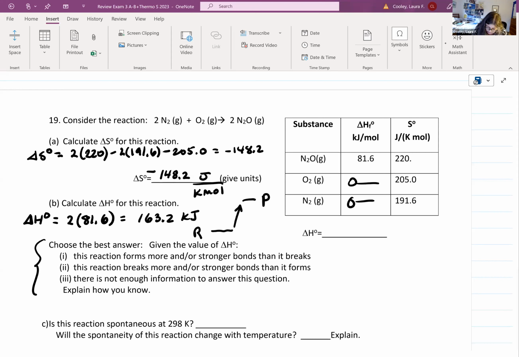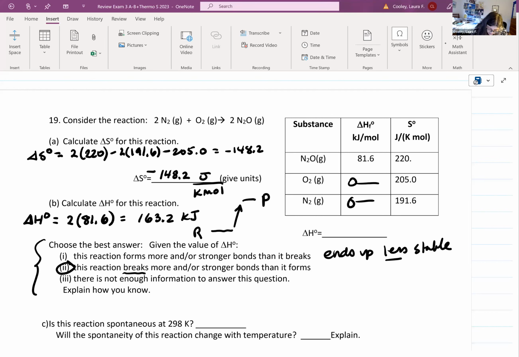It's uphill. So you end up in a less stable state, so you have weaker bonds, or you're breaking more bonds than you're forming. I know that because breaking bonds requires energy, and because you end up less stable, you must have broken more bonds than you formed.